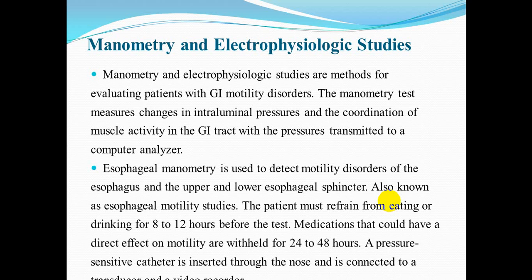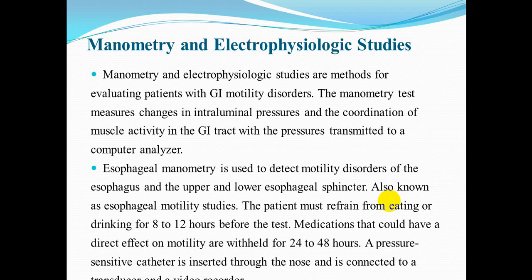Esophagus manometry is used to detect motility disorder of the esophagus and the upper and lower esophageal sphincter, also known as esophageal motility studies. The patient must refrain from eating or drinking for 8 to 12 hours before the test.